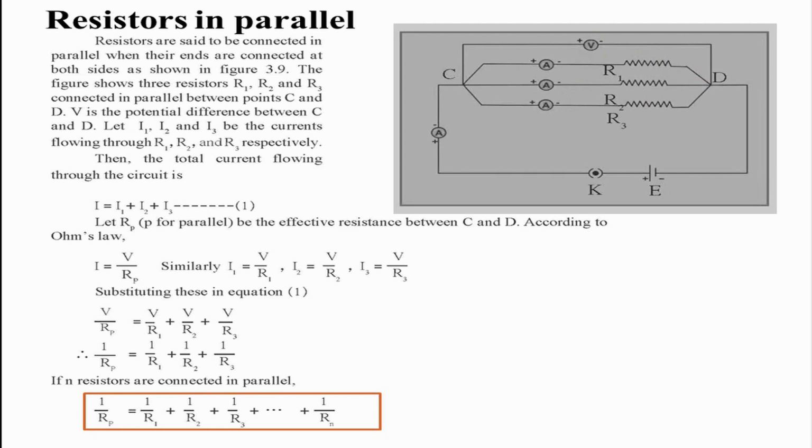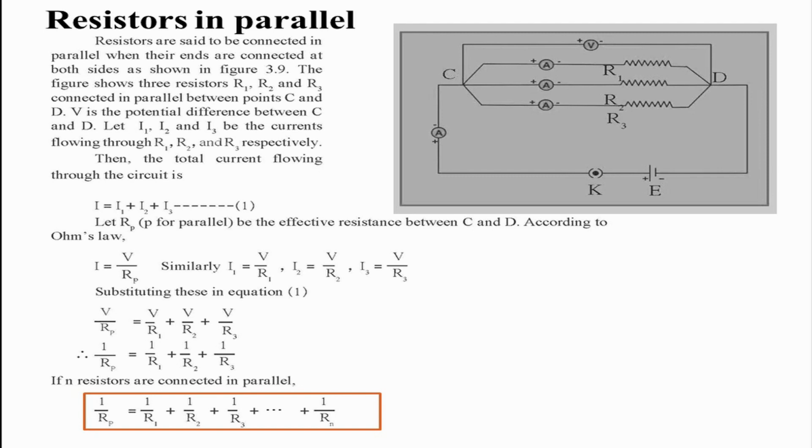You have to remember, in series condition we have individual potential difference across each resistor. Here we have individual current across each resistor. So in series, potential difference will be individually across each resistor.